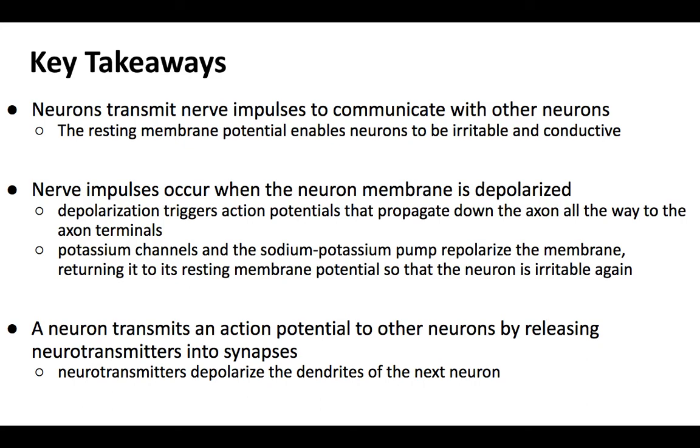Depolarization triggers action potentials that propagate down the axon all the way to the axon terminals, and potassium channels and the sodium-potassium pump then repolarize the membrane, returning it to its resting membrane potential so that the neuron is irritable again. And last of all, a neuron transmits an action potential to other neurons by releasing neurotransmitters into synapses, and the neurotransmitters depolarize the dendrites of the next neuron. And that's the topic of the next lecture.